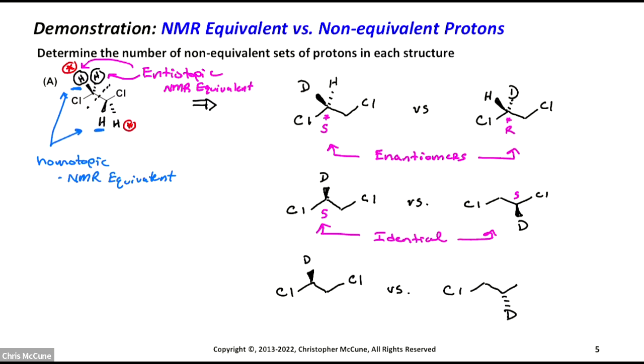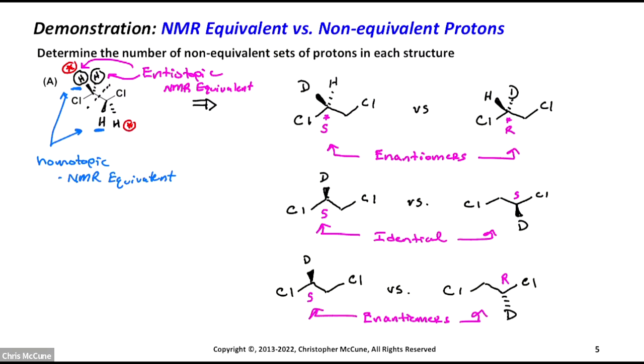And so now I see I have a stereocenter. This is still going to be S. And I need a chlorine here. And so that looks S, but now it's R. And so these are enantiomers.